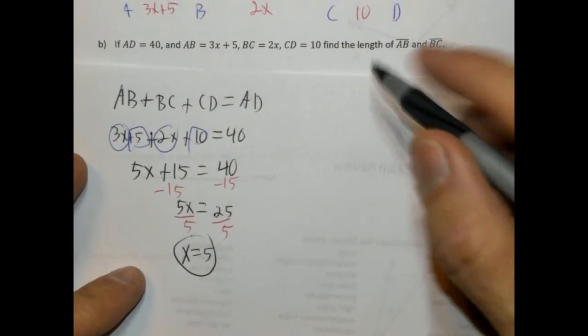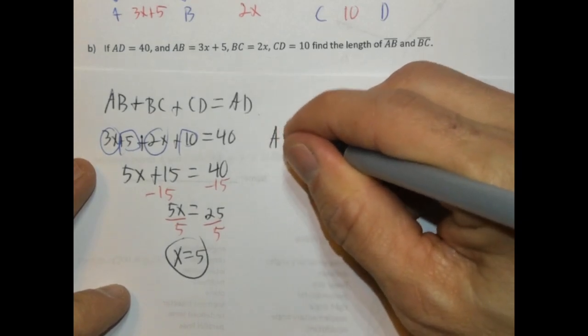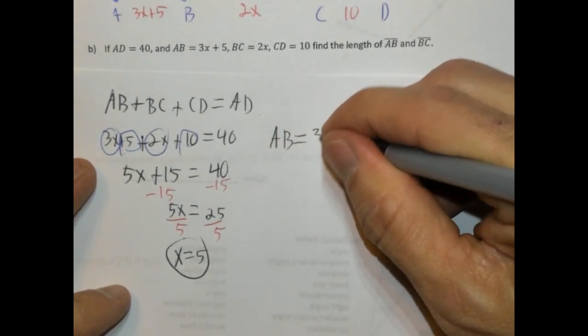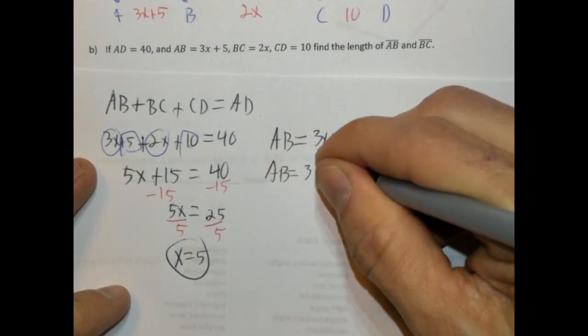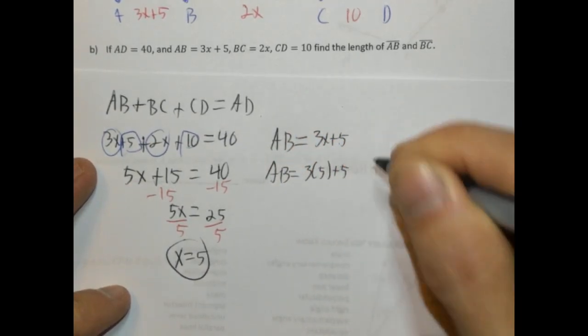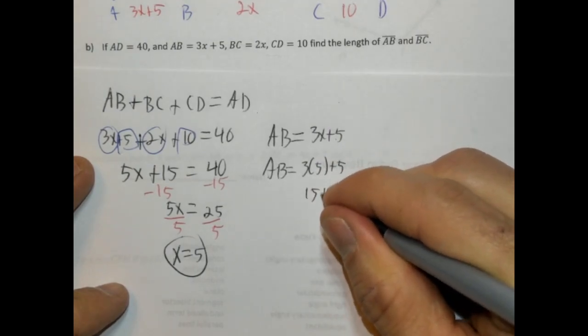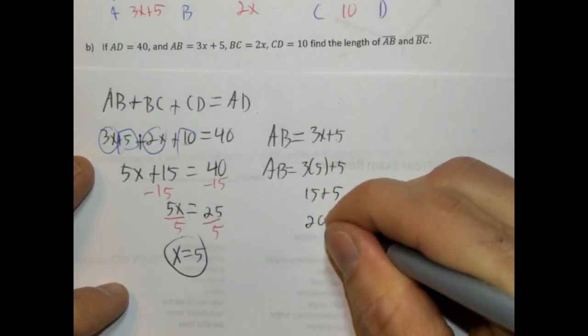They're asking us for AB and BC. So AB is 3x plus 5. AB is 3 times 5 plus 5. 3 times 5 is 15, and 15 plus 5 is 20.